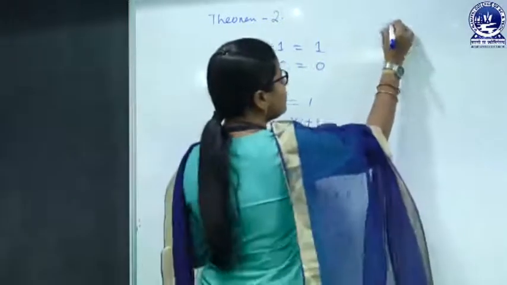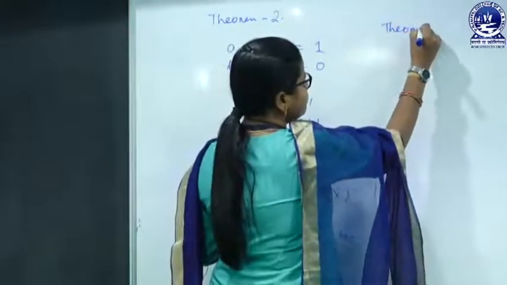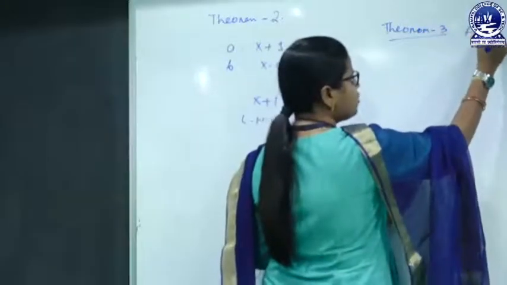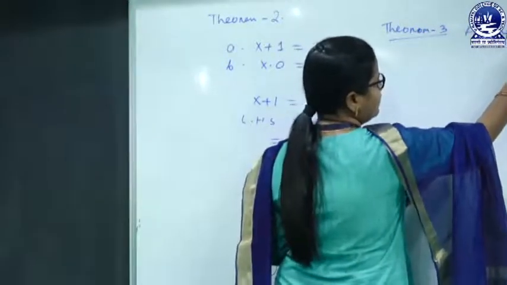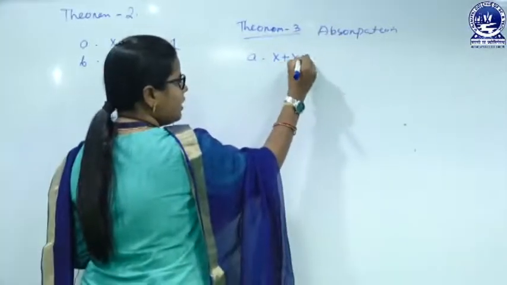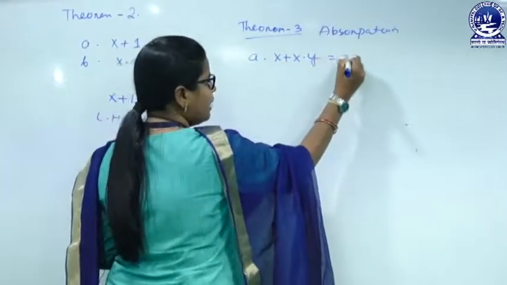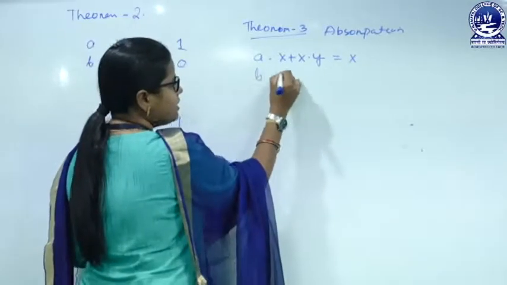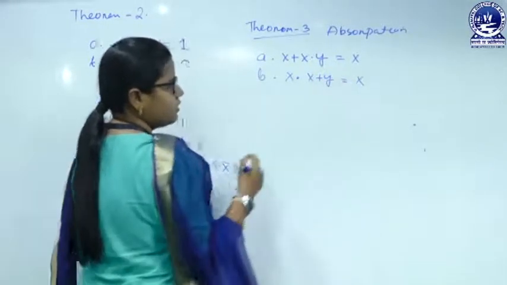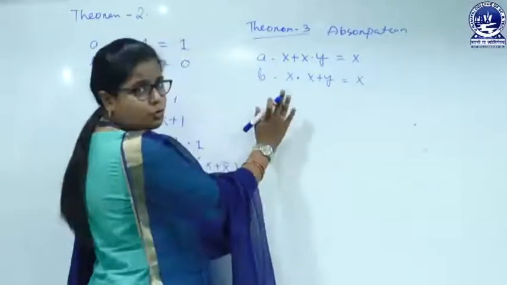Next, theorem 3 is the absorption law, and it says x plus x dot y equals x, and part B says x dot x plus y equals x. So let's prove the first one.